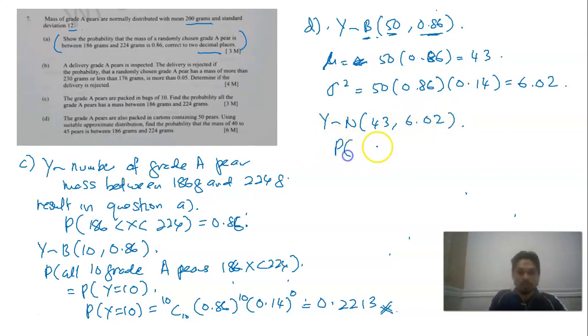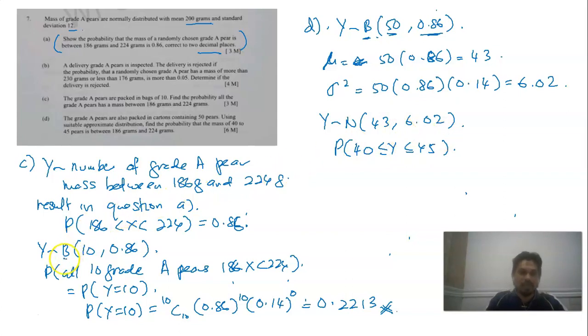So then the probability of Y, the mass of 40 to 45 pears, is in between 186 and 234. So 40 to 45. Okay.